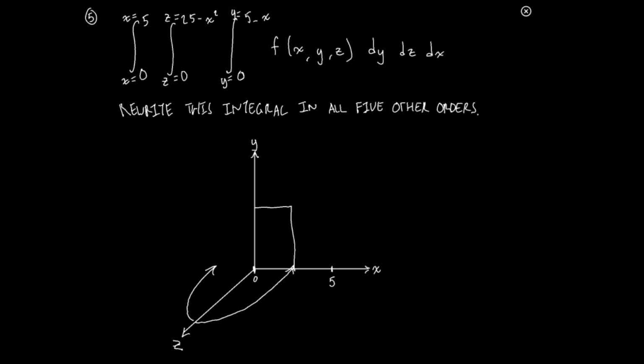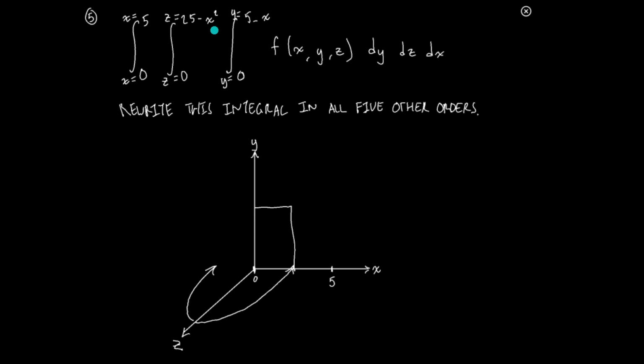Except, where does this parabola intersect? If we set x equals 0 in this equation up here, then we get z equals 25 minus 0.